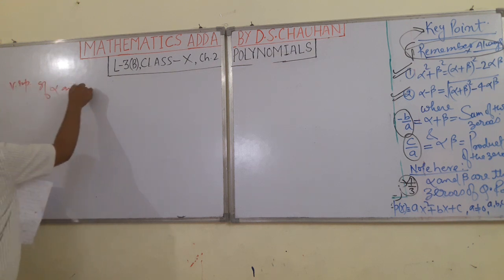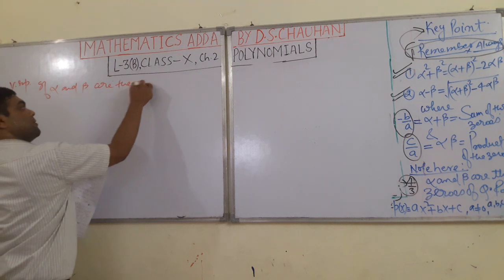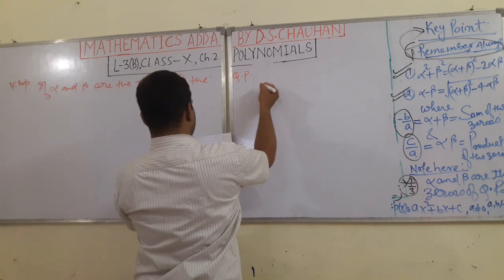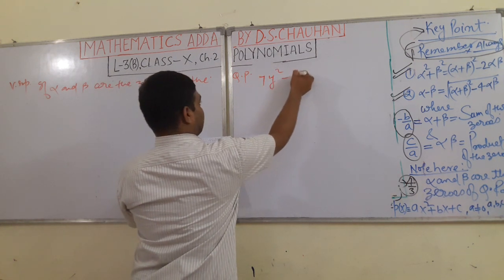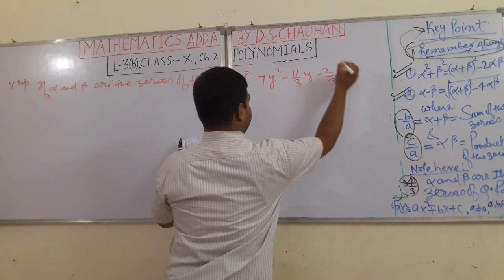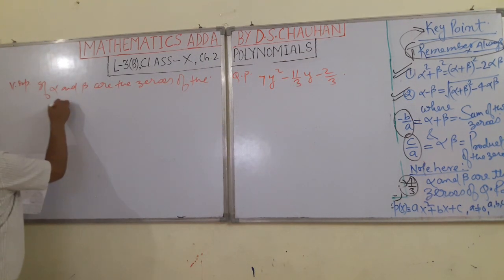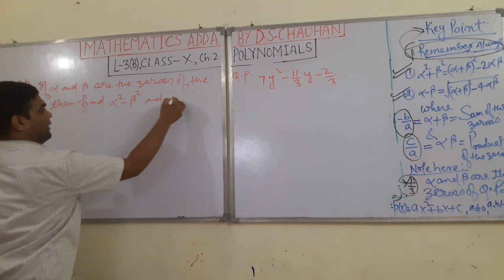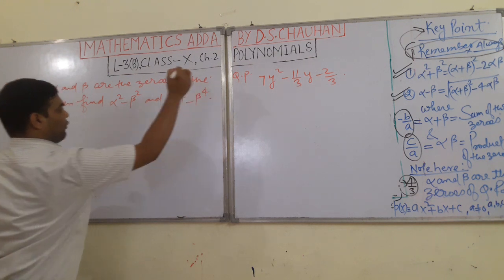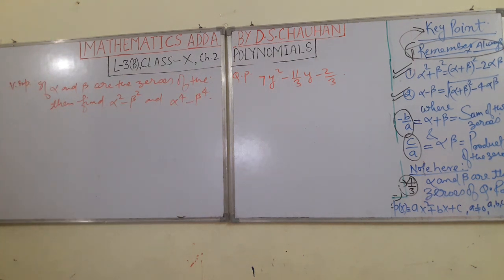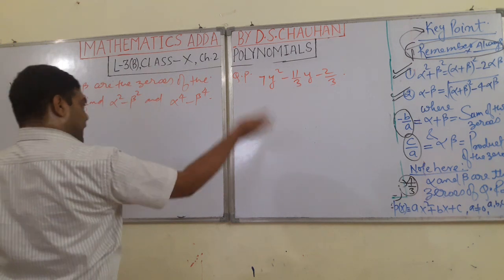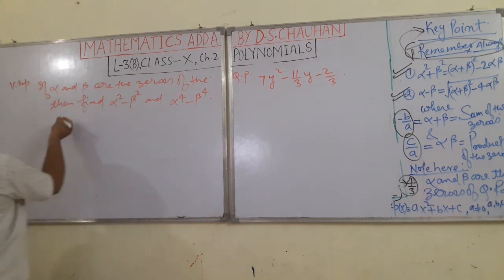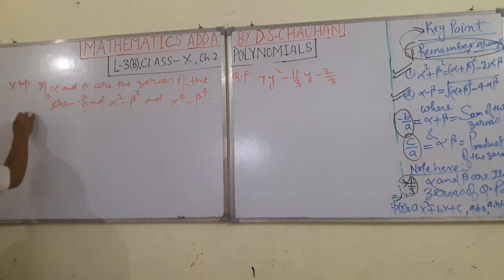If alpha and beta are the zeros of the quadratic polynomial 7y square minus 11 by 3 y minus 2 by 3, then find alpha square minus beta square and alpha raised to 4 minus beta raised to 4. Very important question, students. Try to understand. See, again we will proceed as we do the questions related to this type. See the solution easily.